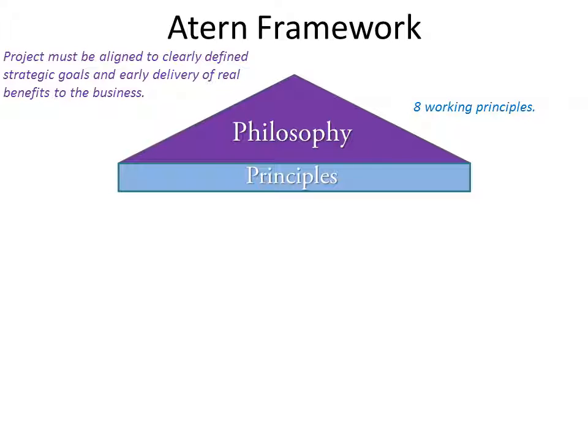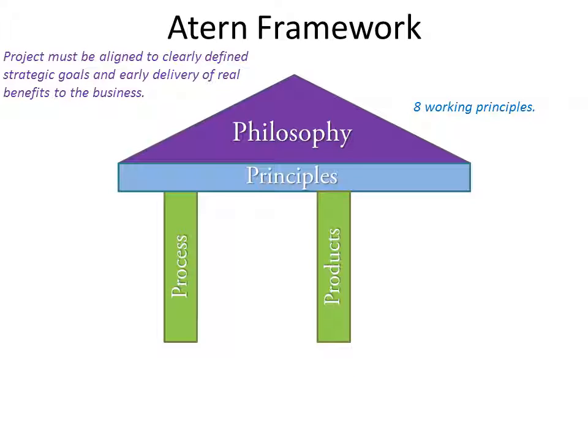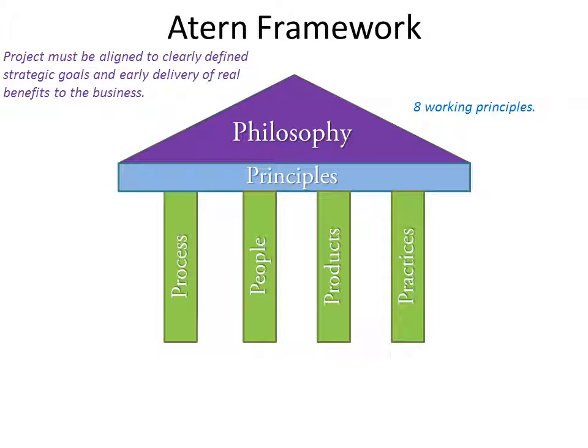These are supported by a project life cycle, which is known as the process. So the process is the project life cycle, and they have defined products, people, which are the roles and responsibilities, and then the recommended practices, which are the recommended techniques that you could use.